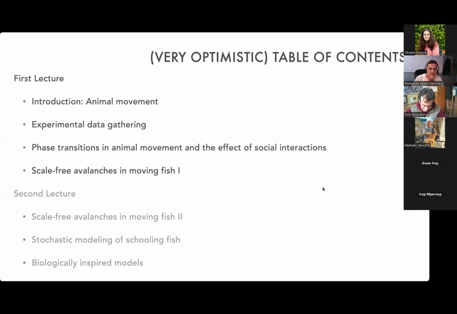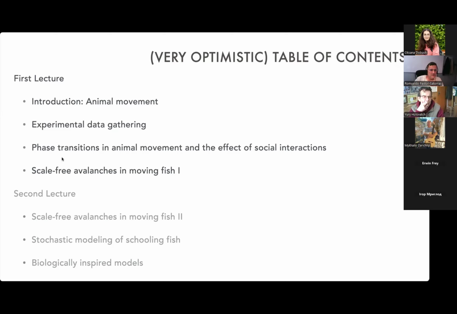Okay, this is a very optimistic table of contents of my lectures. I hope I'll be able to finish it, but if not, I'll stop when the chairman tells me to. First, a brief introduction of what animal movement is and why it's interesting. Then I'll explain one part of the research we are doing, which is performing experiments with animals, and how we do these experiments. Then we'll start with some applications of criticality and statistical physics in animal movement.